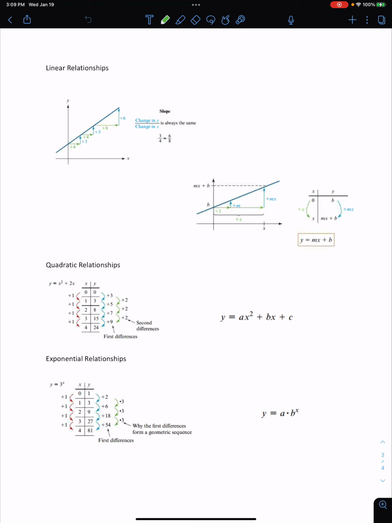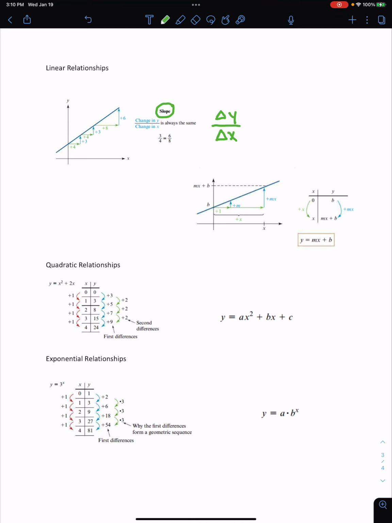Some of you may remember this from your algebra classes previously, but in linear relationships we talk about something we call the slope. So the slope just means that we are evaluating the change in the y variable over the change in the x variable, and that it is always the same.